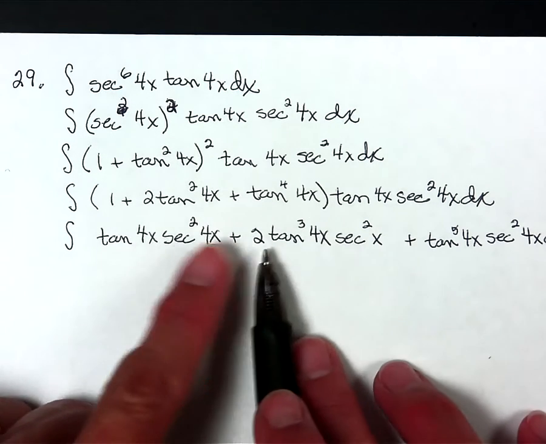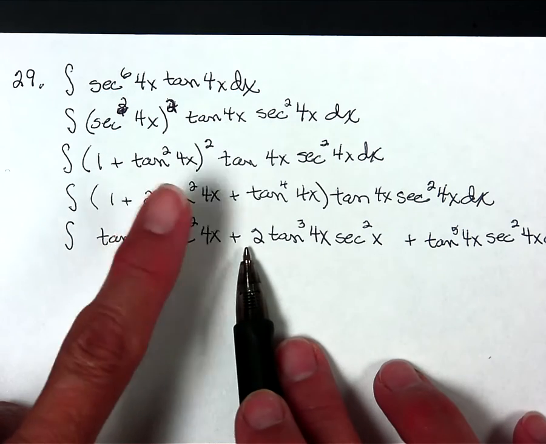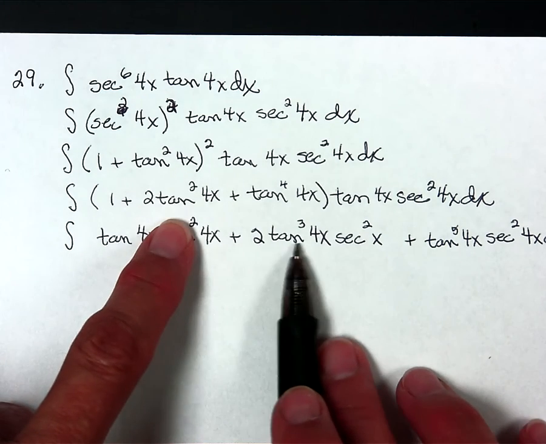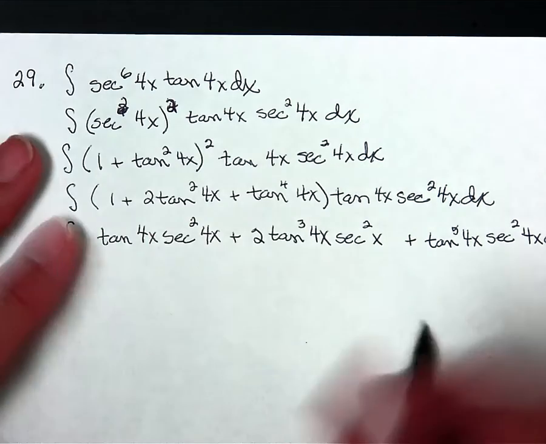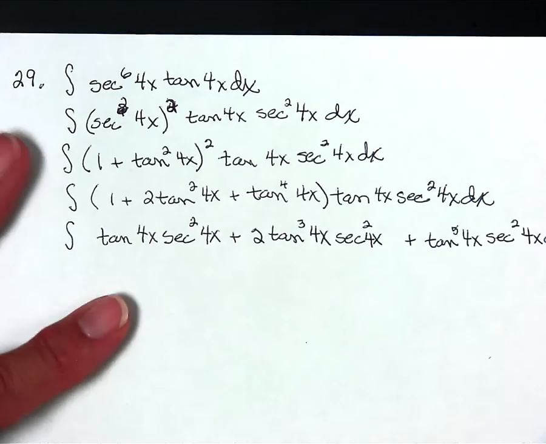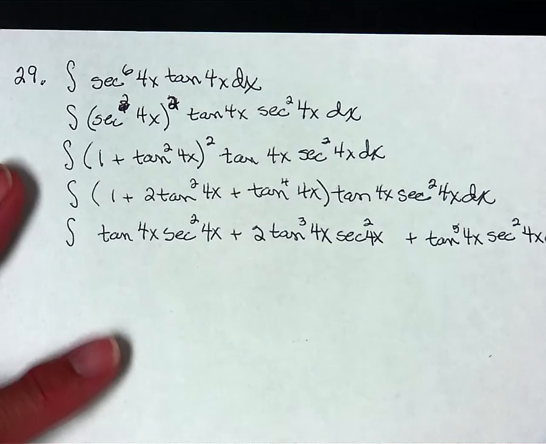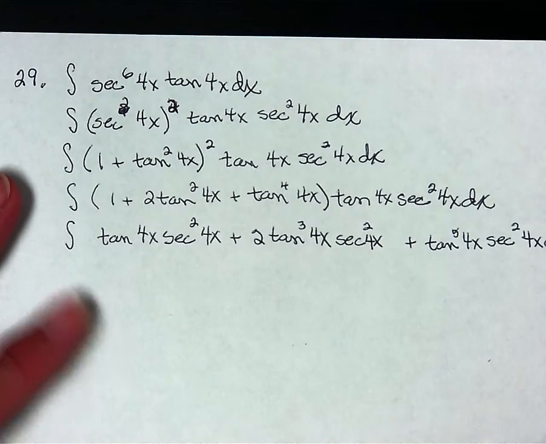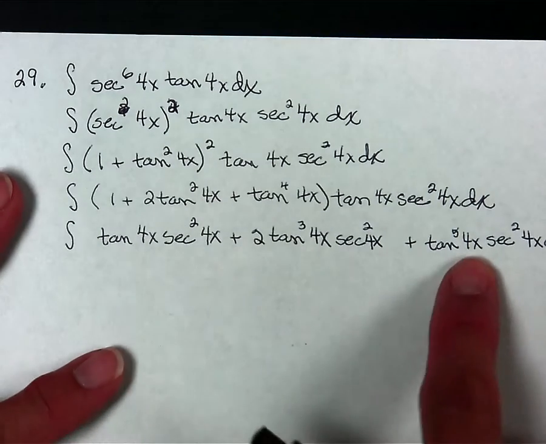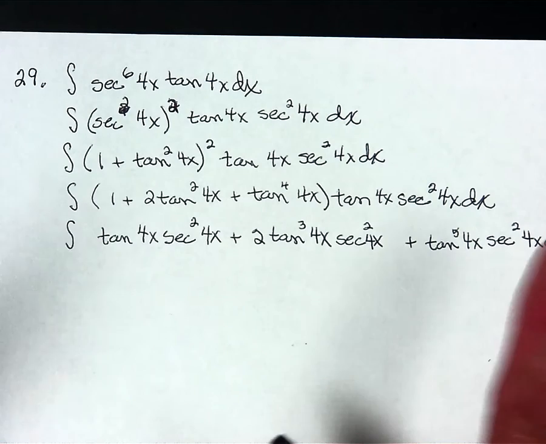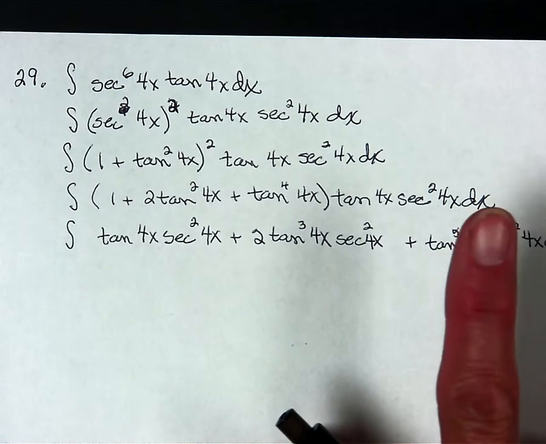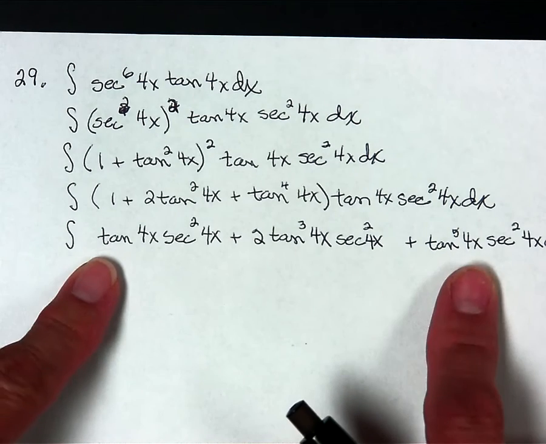Second term, 2 tangent cubed 4x secant squared 4x. Everything else right? Okay. I think your answer is going to be equivalent to theirs, because now every one of those has a secant squared, and you can use the power rule on all the tangents.